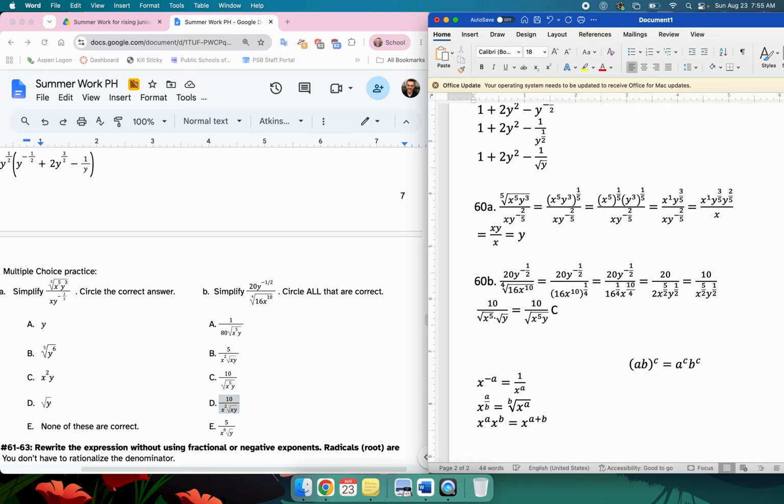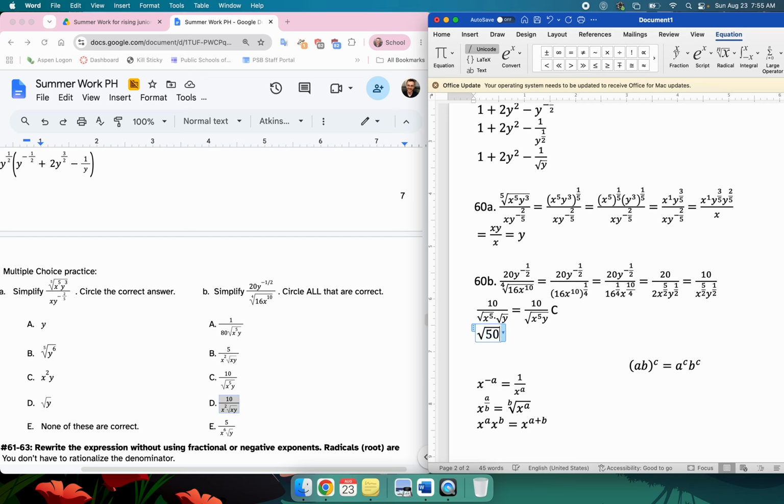When it comes to simplifying radicals, like the square root of, for example, 50, you could rewrite root 50 as 25 times 2. Then you essentially take the perfect square out of the radical, and when you do so, you take the square root of it, so that gives you 5 root 2. You can do the same thing with an expression like x to the 5th.